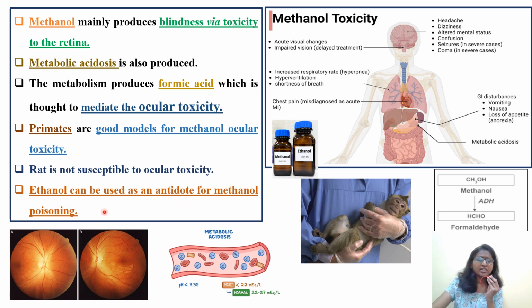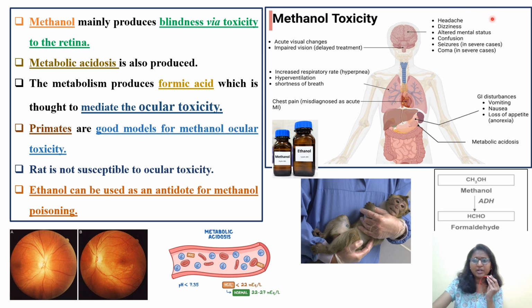So when a patient comes to an emergency department, the physician has a choice: a patient who has overly ingested methanol can be treated with ethanol. Let's see the characteristic features of methanol toxicity. It causes headache, dizziness, altered mental status, confusion, seizures, and in severe cases, coma.